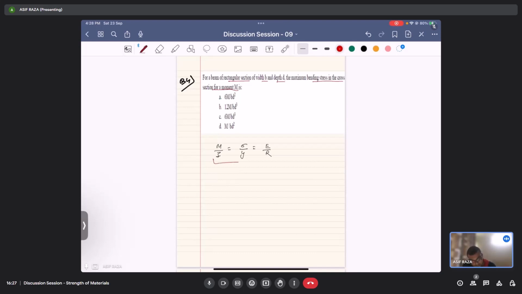So we'll consider the first two relations, M by I equals sigma by Y, and sigma can be written as M by I times Y.